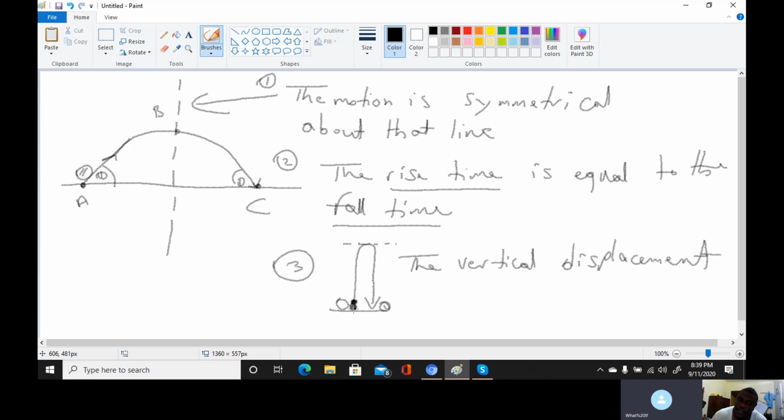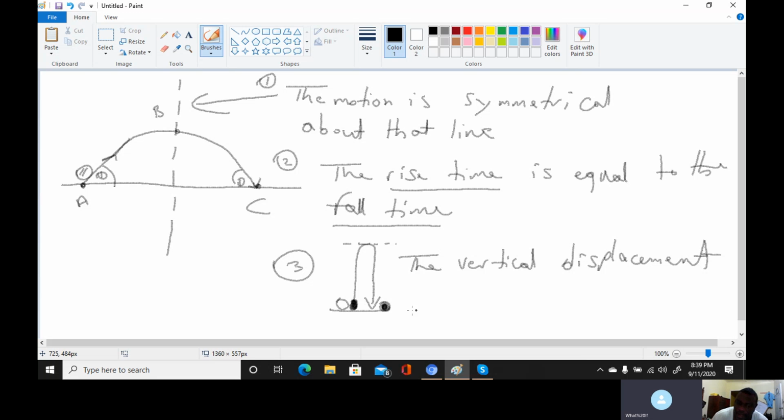So you have the object right here on the ground, and you throw it up, it goes all the way up, and it comes back all the way down to the ground. Basically, you're displacing the object in a way where it goes up, but then it doesn't come back to the exact spot it came from in the first place.